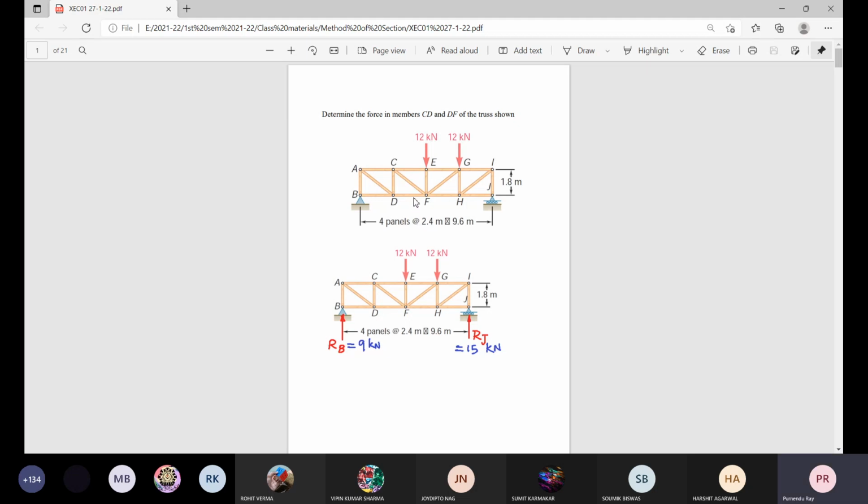If you need to find more members, and that plain section will not cut all of them, then naturally you need to take up another section, but that is a different part. First thing, we need to consider one section and consider the equilibrium of either side, left or right with respect to the section.